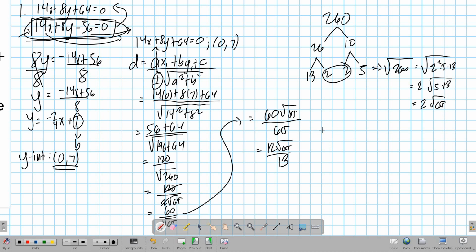So therefore, the distance between these two lines would be 12 square root of 65 over 13 units.